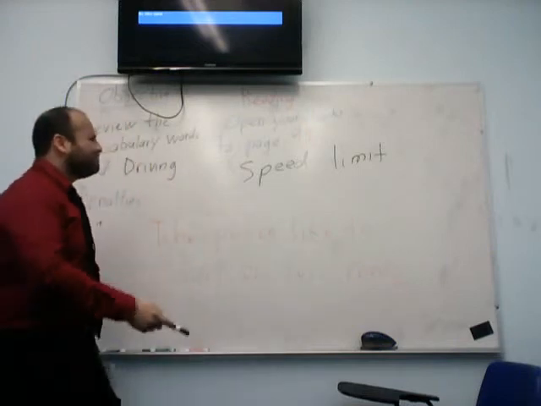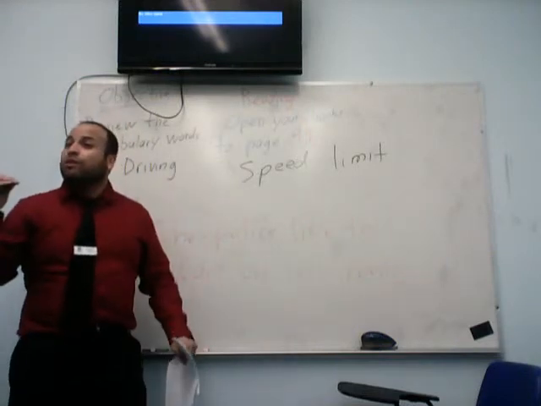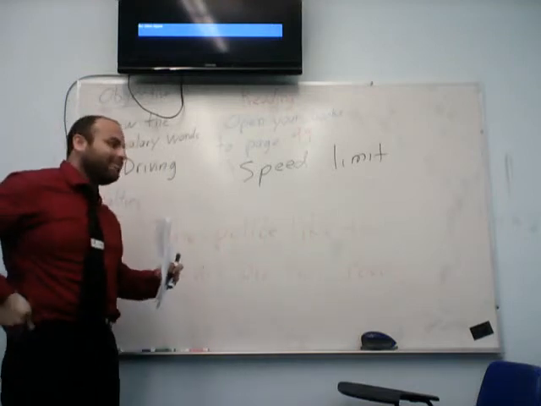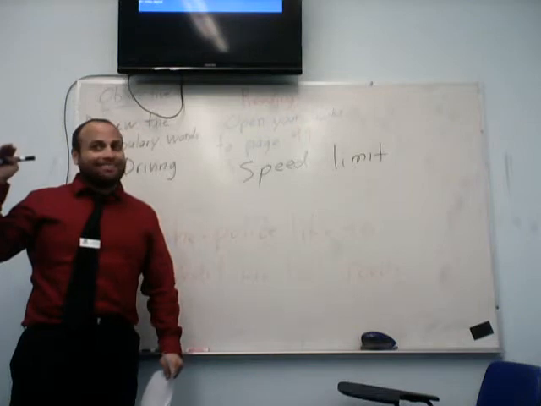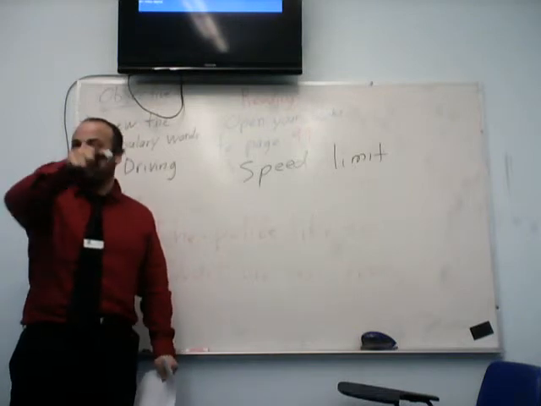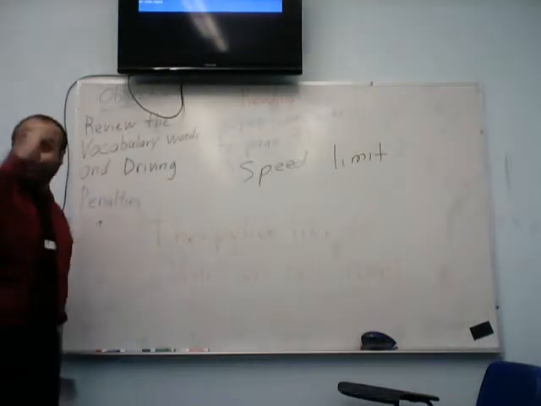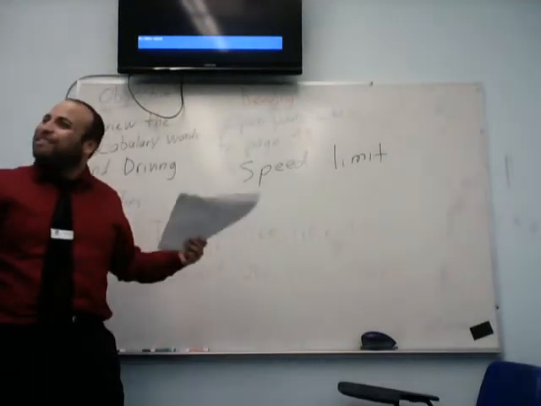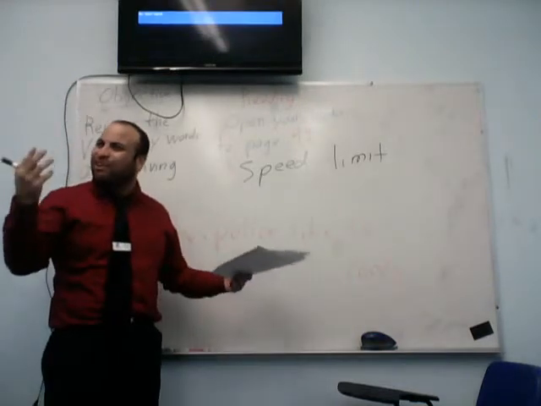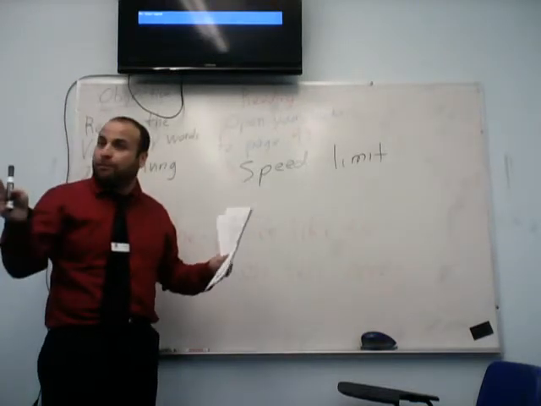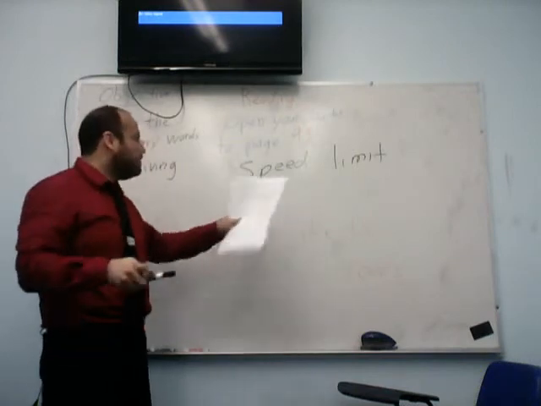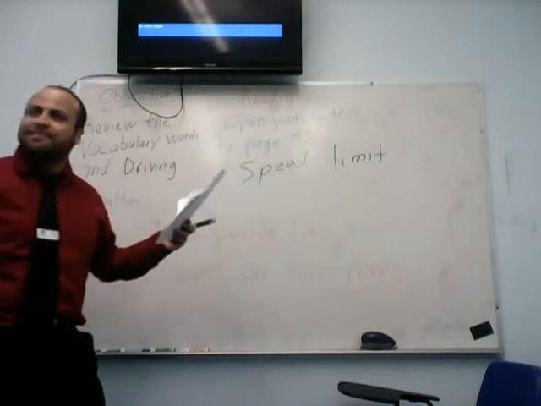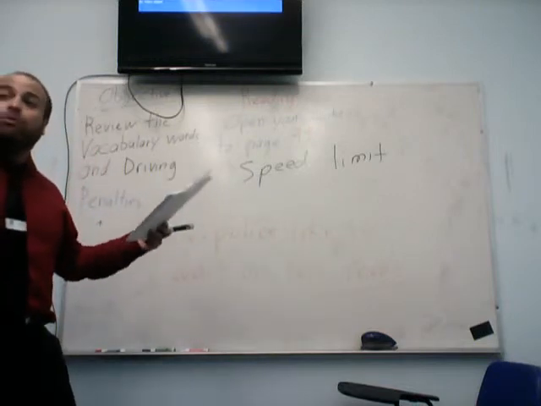So also, what happens if you go over the speed limit, too fast? The police will stop you. And if you're drinking, they'll catch you right there. So that's the thing about drinking also. If you drink and drive, you don't drive careful. Sometimes you can speed. So a sentence would be with speed limit. How do you think you could use it in a sentence? If you drink, what can happen?